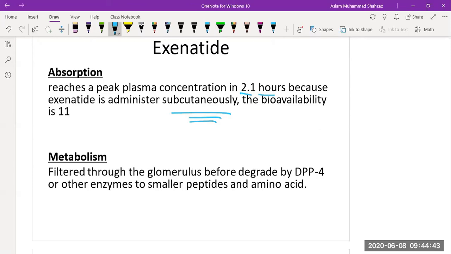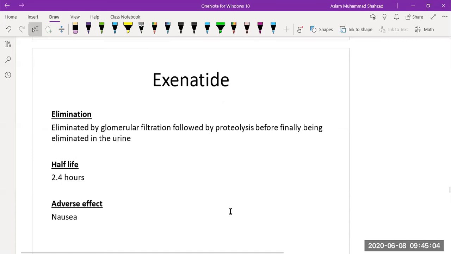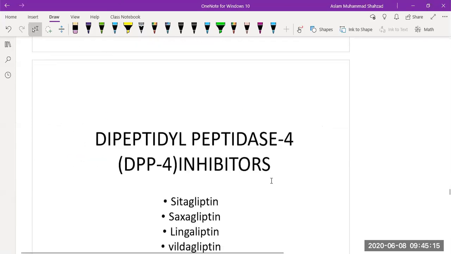Because the route of administration is subcutaneous, the peak plasma level will be attained in 2.1 hours, and then it is filtered through the glomerulus before being degraded by DPP4 or other enzymes to smaller peptides and amino acids. The elimination occurs through urine, by glomerular filtration followed by proteolysis. Half-life was already discussed, 2.4 hours, but the adverse effect is nausea.